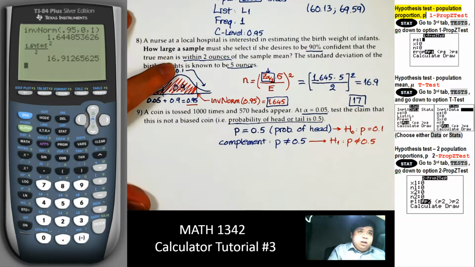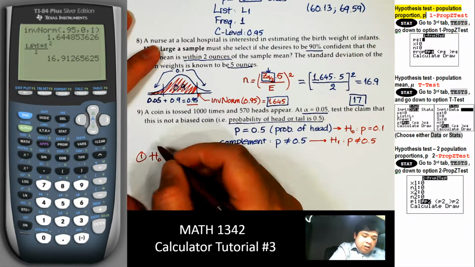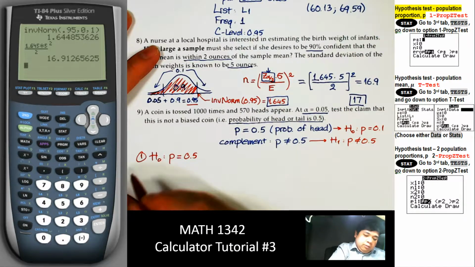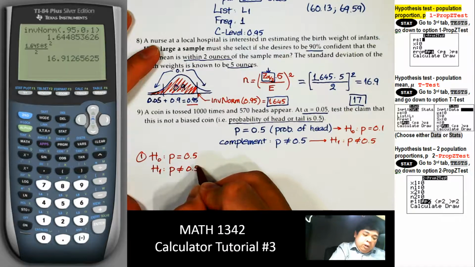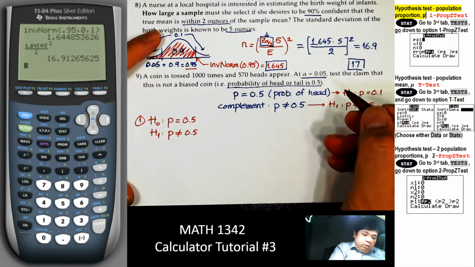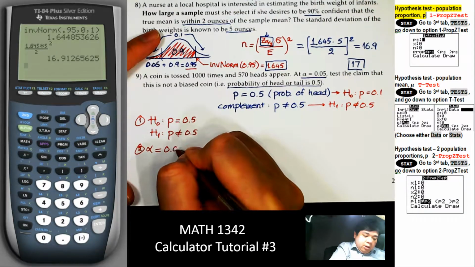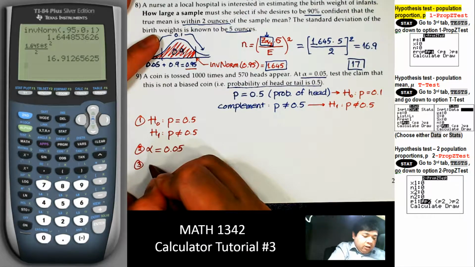So the first step is we write the hypothesis. This will be a two-tail problem. Next, alpha is 0.05.